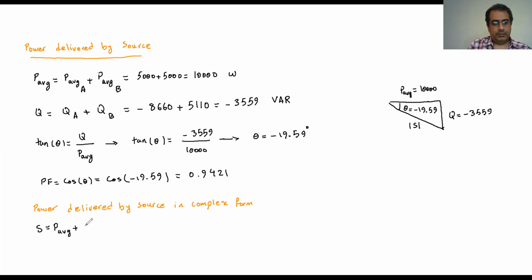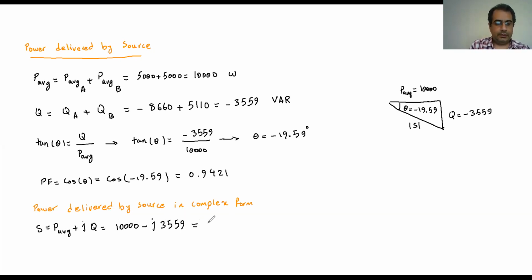The P average is 10,000 plus j, and since it's negative, negative j 3559.